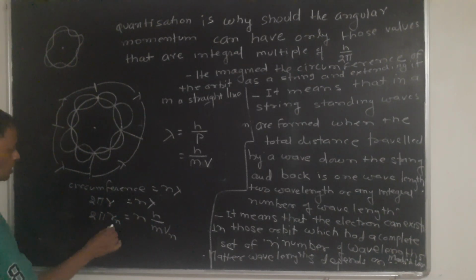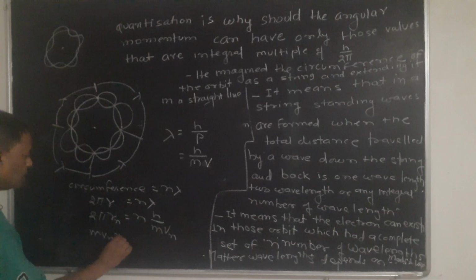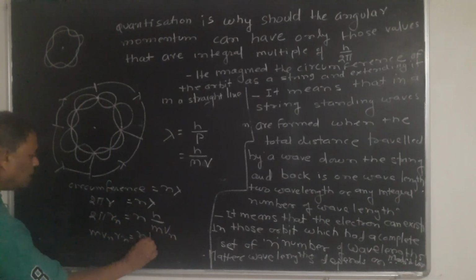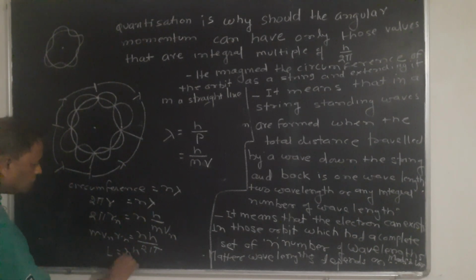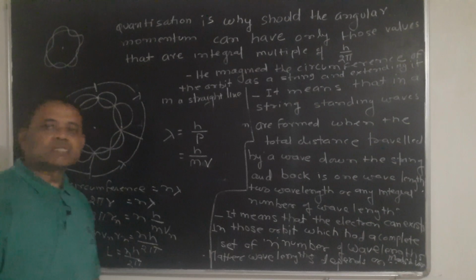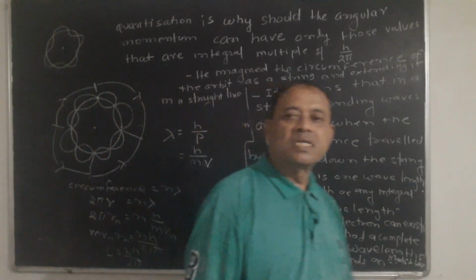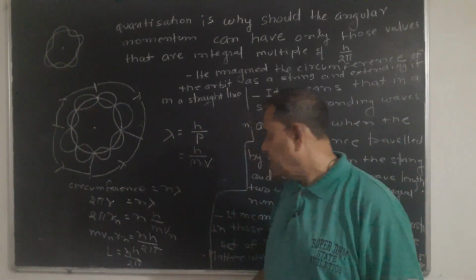We take m v_n r on this side and n h upon 2 pi on the other side, and this is the angular momentum: L is equal to n h upon 2 pi. And this was the explanation of Bohr's second postulate, and this way we have proved it.